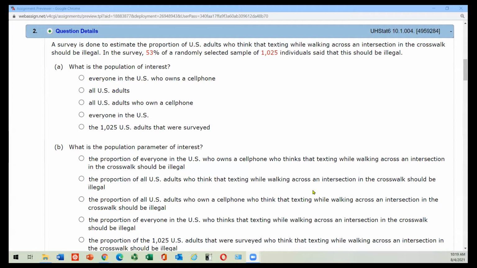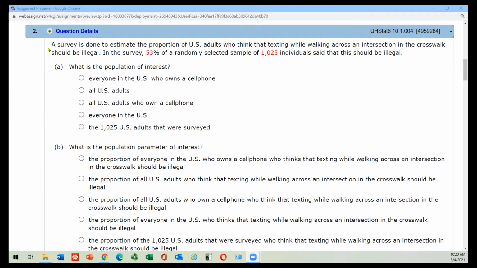Okay, so the question we had here in question 2 was concerning a survey. They asked 1,000 odd people and 53% of them said it should be made illegal. And the question is, what is the population of interest? Well, when you're looking at this, you have to be careful about not getting too caught up with the details, you know, not seeing the forest for the trees.